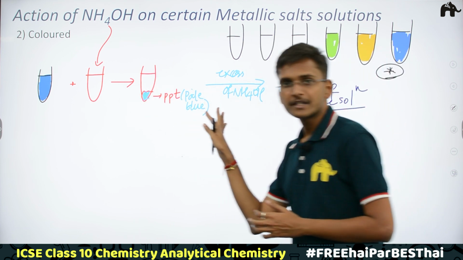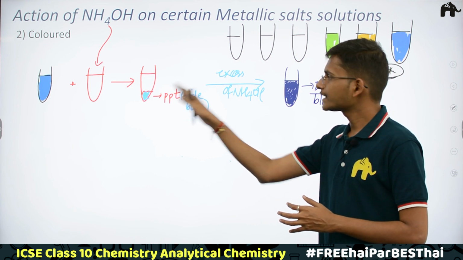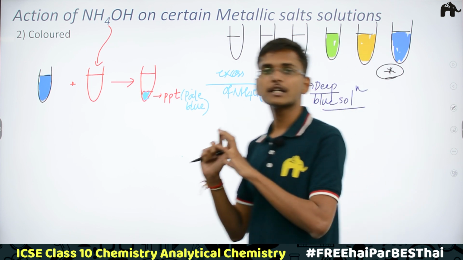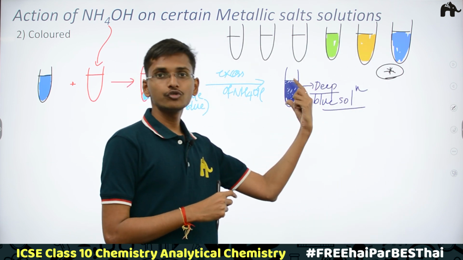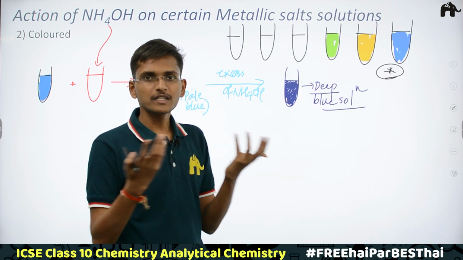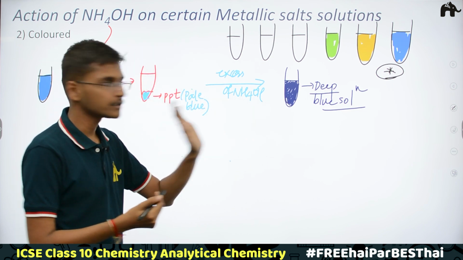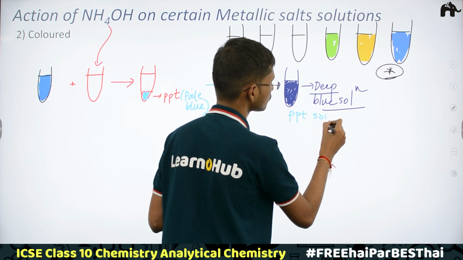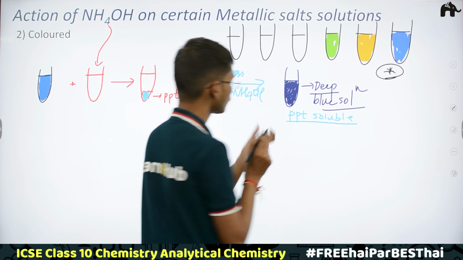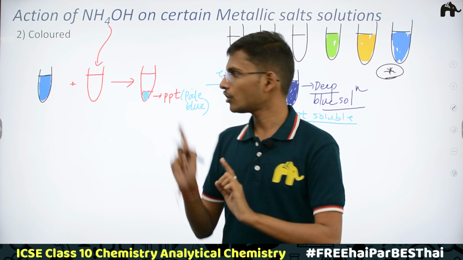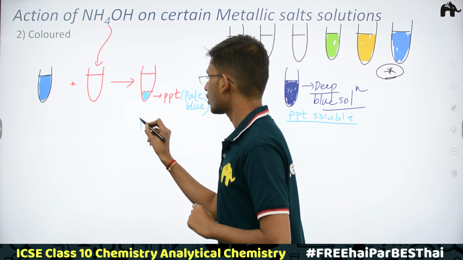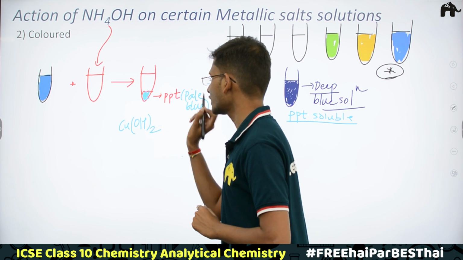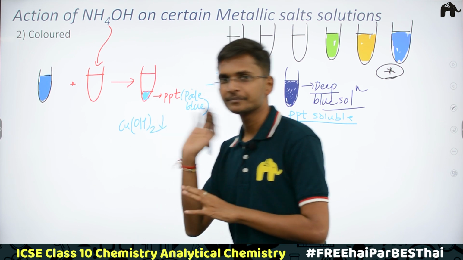When we add excess of NH4OH into this, we are getting a deep blue solution directly. There is no pale blue precipitate present here. So we can simply say that the precipitate is soluble in excess of NH4OH, and such a precipitate is, we have to remember, copper hydroxide. You would have guessed it as well, right?